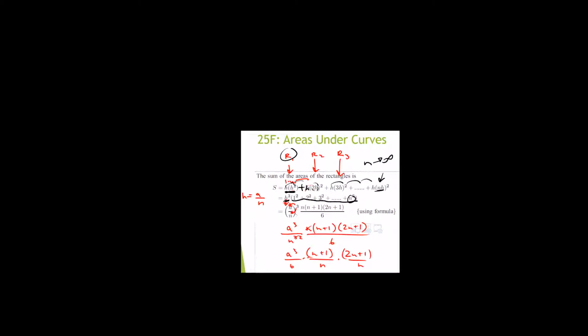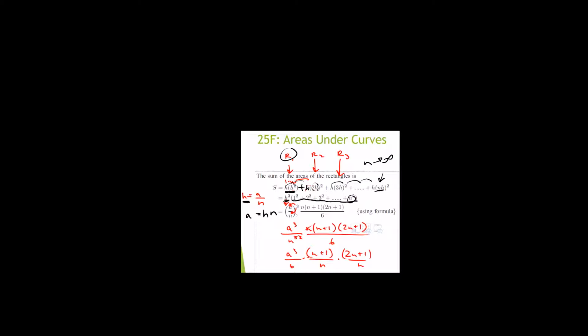Now, why is this even helpful? Why are we talking about it? Well, because what we can do from here is replace h, since we know what h equals. We saw this just a minute ago. We said that a equals the width, which is h, times the number of rectangles, and we rearranged that a little bit and said h equals a divided by n.